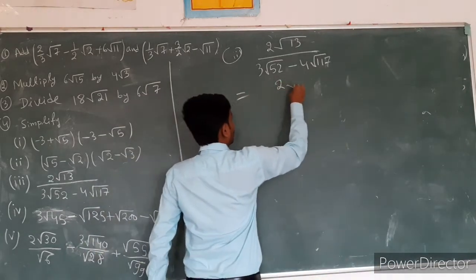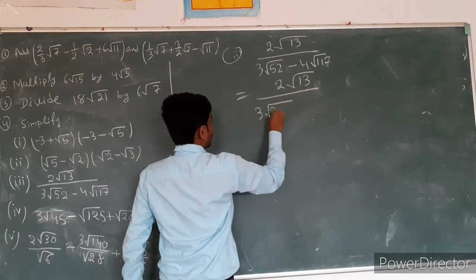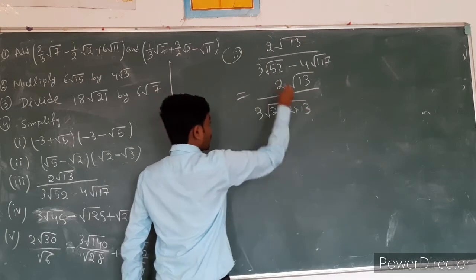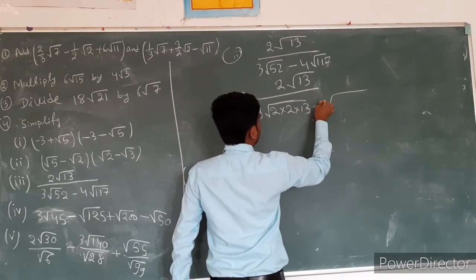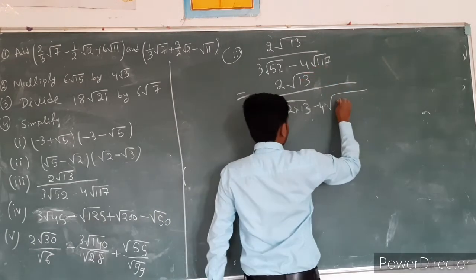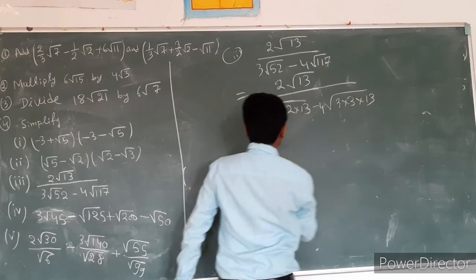So 2 root 13 by 3 into 2 into 2 into 30. Also we can write 117 as 3 into 3 into 13.